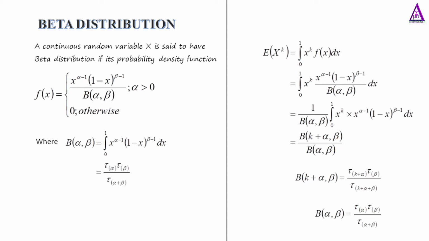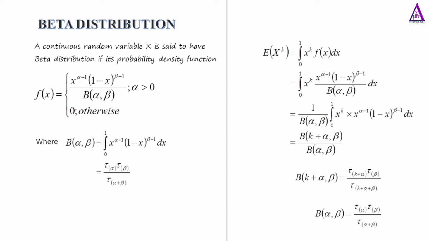And according to what we have here, you can say that B of k plus alpha comma beta equals gamma of k plus alpha gamma of beta divided by gamma of k plus alpha plus beta.